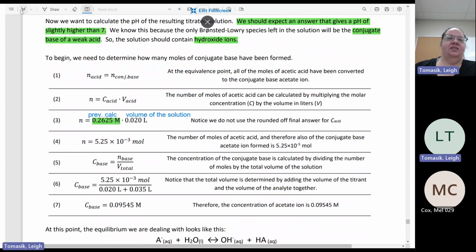So it's the concentration times the volume of the acid, right? We can get those from the previous question, and we find out that there are 5.25 times 10 to the negative 3 moles of acid to start out with.